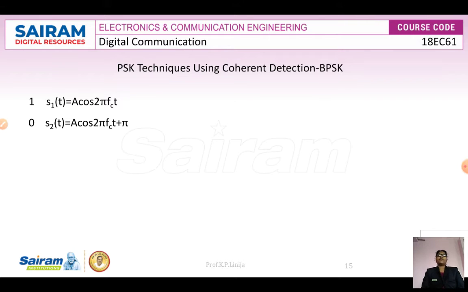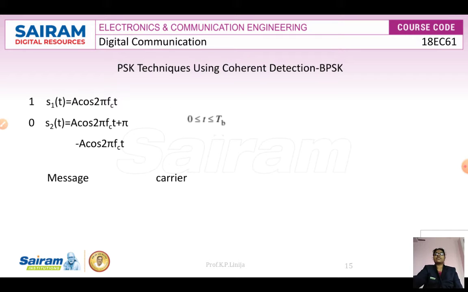Here the phase will be varied, so we can write S2 of t as minus A cos 2 pi fct. Let us consider S1 of t and S2 of t as signals having an interval 0 less than or equal to t less than or equal to capital TB.